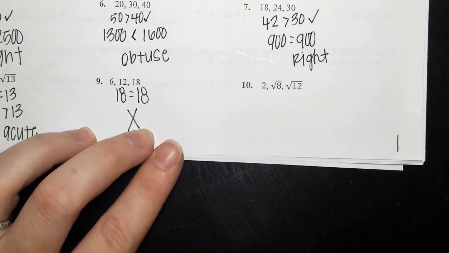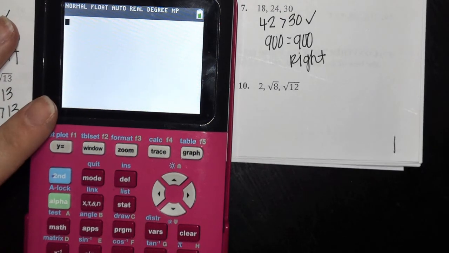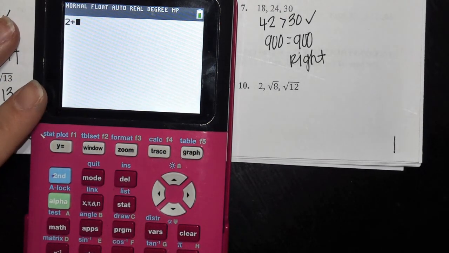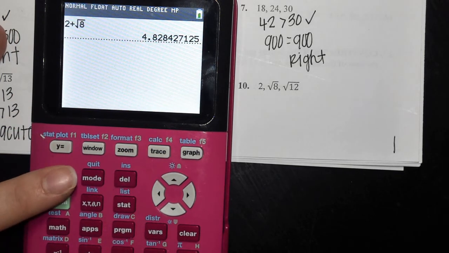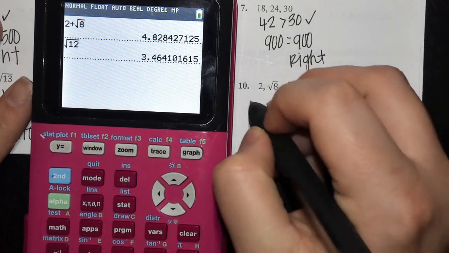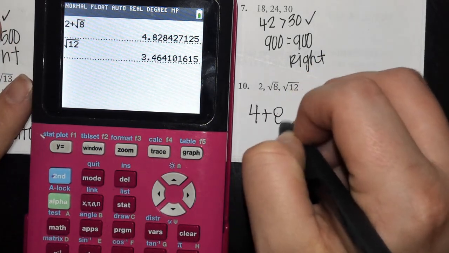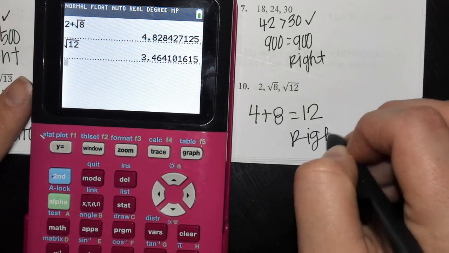Marshall, does number 10 make a triangle? Okay. So I would do 2 plus the square root of 8. Is that greater than the square root of 12? Yes. So then I'd square everything, so that's 4 plus 8, which equals 12, so it's a right triangle.